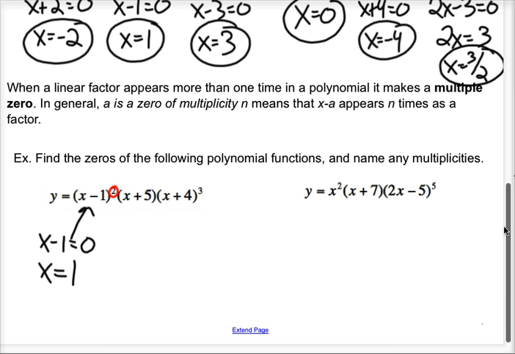That squared there is creating a multiplicity. Okay, it's saying that 1 is a 0 twice. So what we say is the 0 of 1 with multiplicity 2. Okay, because it's a 0 twice. It has that squared on it.